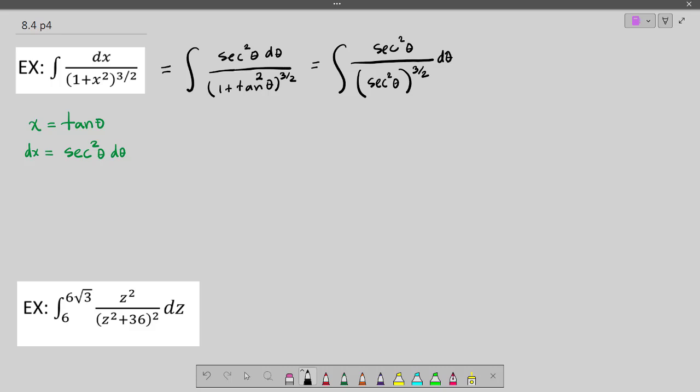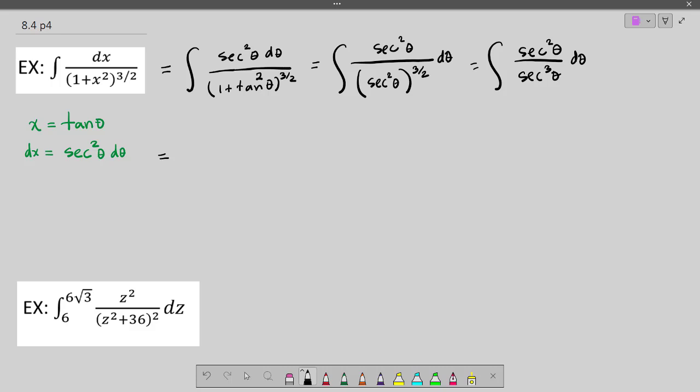All right. And then secant squared to the 3 halves is secant cubed, power to power, multiply the exponents. 2 times 3 halves is 3. So we have a secant squared up top. We end up with a secant cubed down below. So we're going to cancel out 2 of the secants.